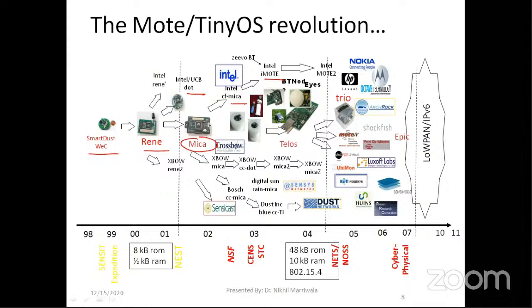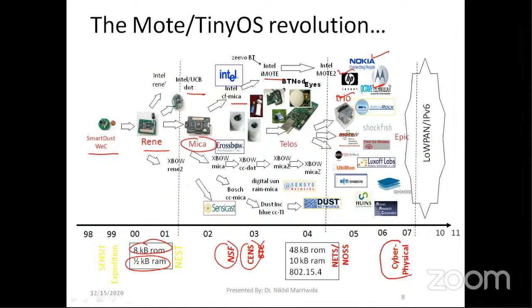All these are developed by them. Then we have Nokia here, we have HP, we have Octave, we have Trio, right? So if you see, we have these numbers over here: 8 KB ROM and half KB RAM. Then the utilization of NSF, Sense, STC, right? So we are referring to the cyber physical structure being developed by all these companies.